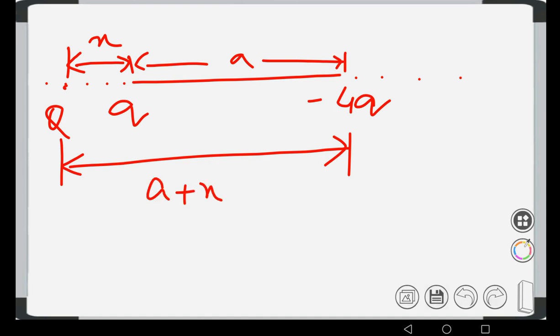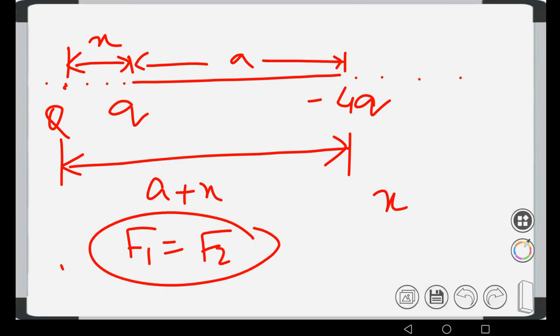In the same way as we found the value of x, here also we can find the value of x by equating F1 and F2. Since they are opposite in direction, the net force obviously becomes 0. So now it is your task to find the exact value of x, and comment in the comment section below what will be the value of x for which the capital Q will remain in equilibrium.